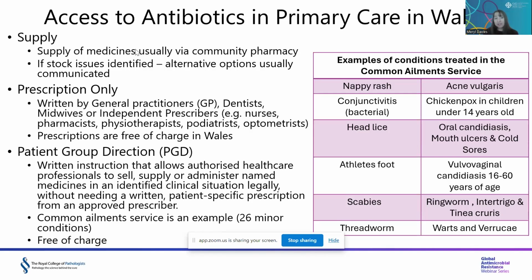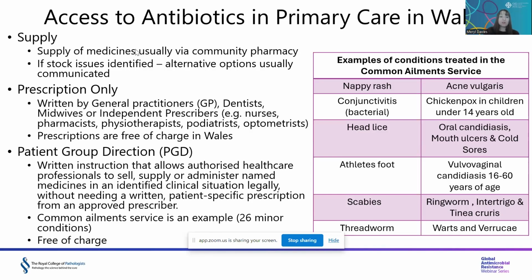People can also access antibiotics via patient group direction within the United Kingdom. These are written instructions that allow authorised healthcare professionals to sell, supply, or administer a named medicine in an individual clinical situation legally, without needing a written patient-specific prescription from an approved prescriber.